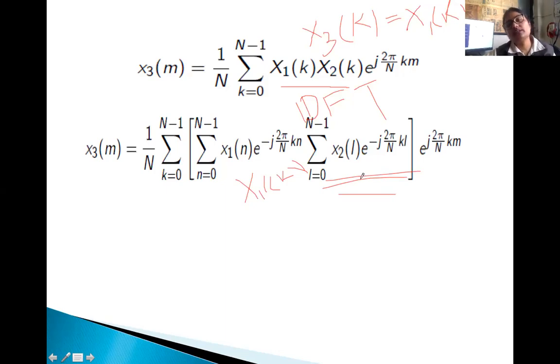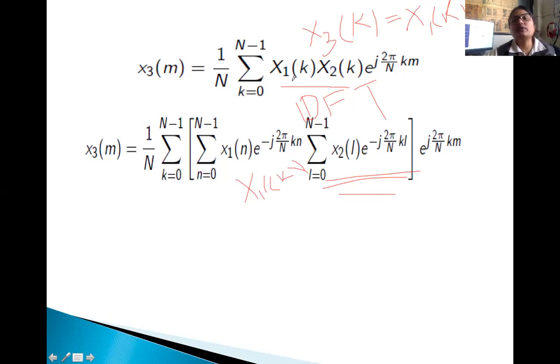For the second sequence x2 of n, when we apply a DFT, we can write it as summation L varies from 0 to n minus 1 x2 of L into e raised to minus j 2 pi k L divided by capital N. So this is going to give me the second DFT value.